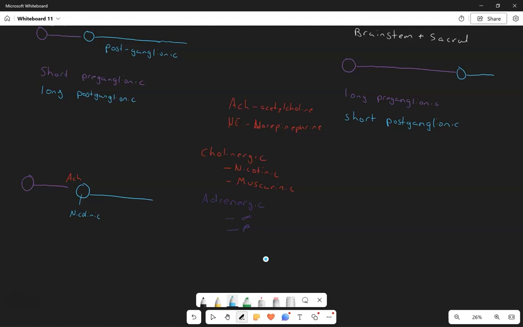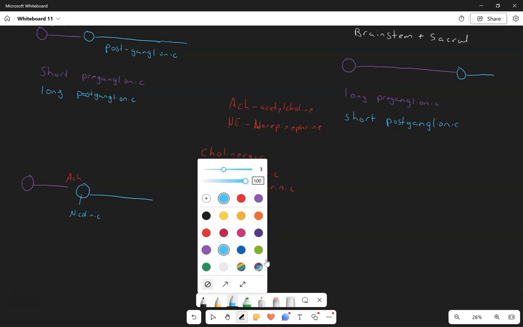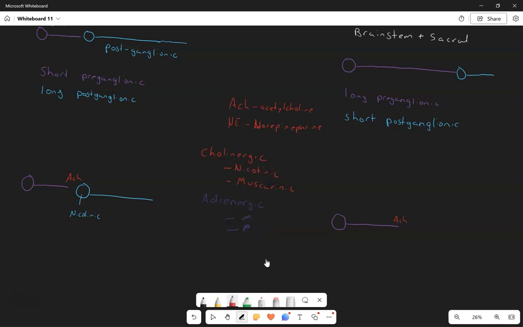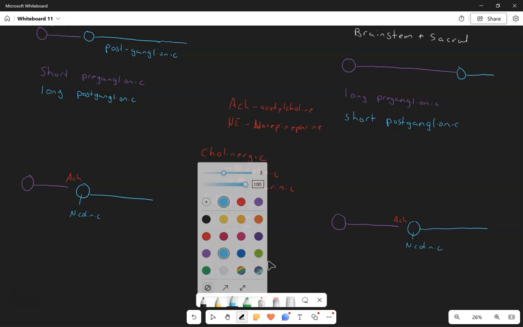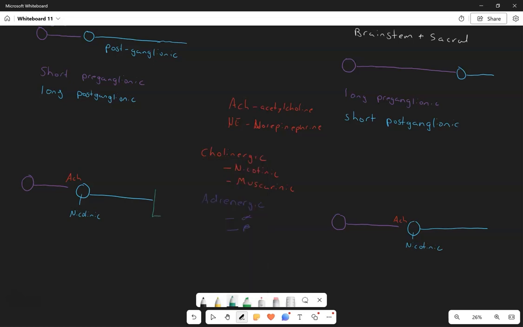Over here in our parasympathetic division, we have our preganglionic fiber, and it is going to release acetylcholine. And then our postganglionic fiber is going to have nicotinic receptors. So in both systems, parasympathetic and sympathetic, a cholinergic preganglionic fiber, nicotinic receptors on the postganglionic fiber.